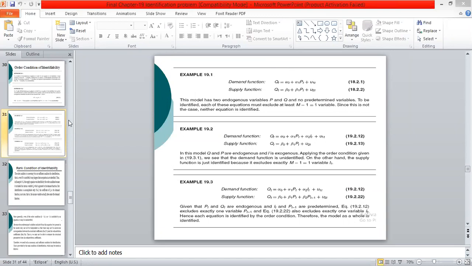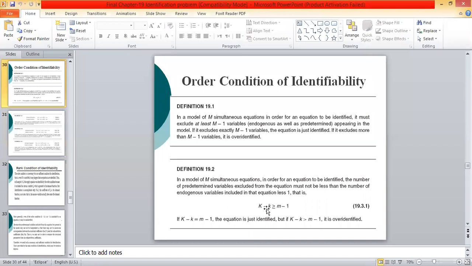And that is, you have to satisfy this condition, that is K minus k greater than or equal to m minus 1. So if K minus k equals m minus 1, the equation will be exactly identified. And if K minus k is greater than m minus 1, the equation will be over identified.